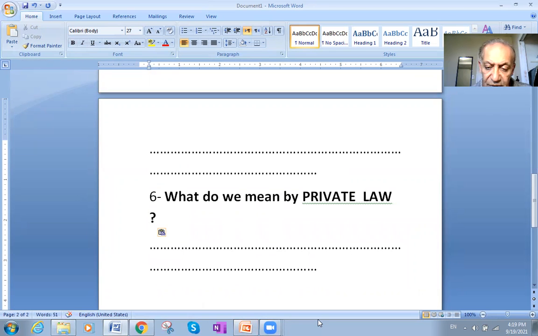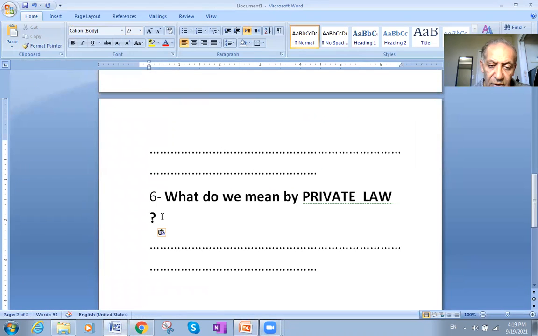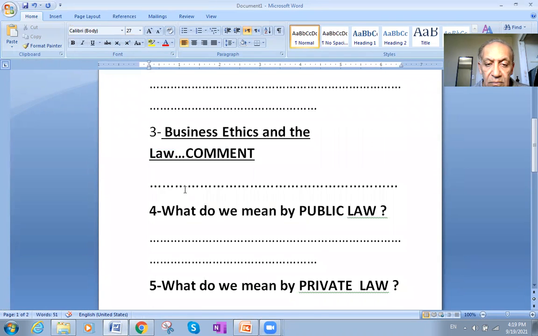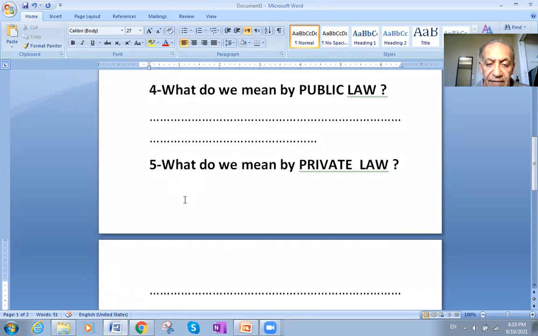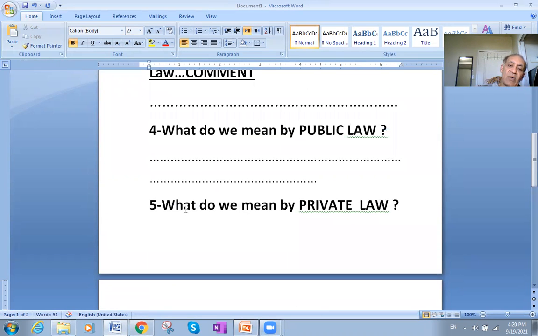The third one we talked about was criminal law. What do we mean by criminal law? You have 4, 5, and 6. We'll take these three today and focus on their duties.